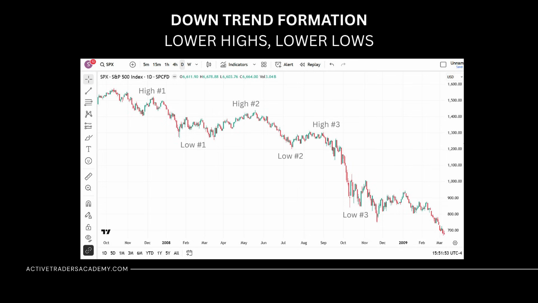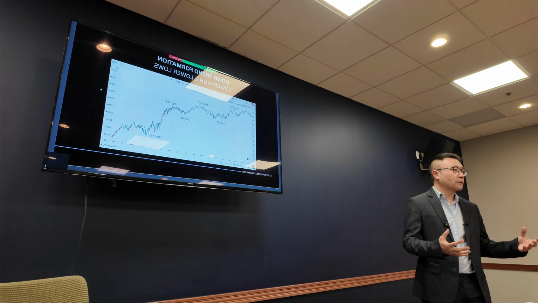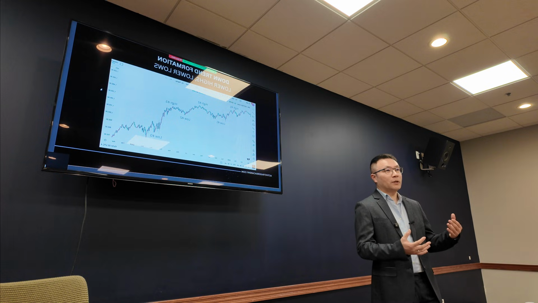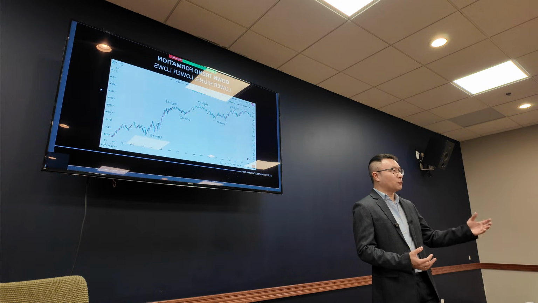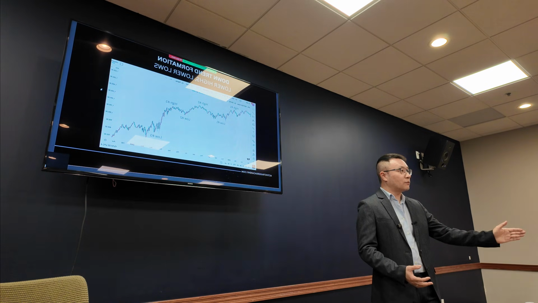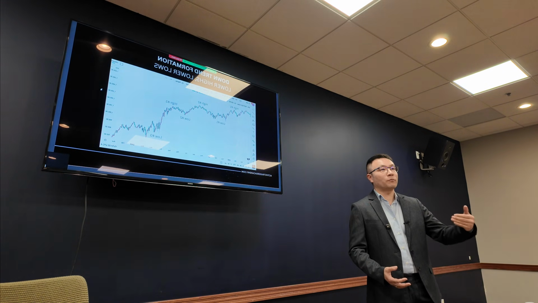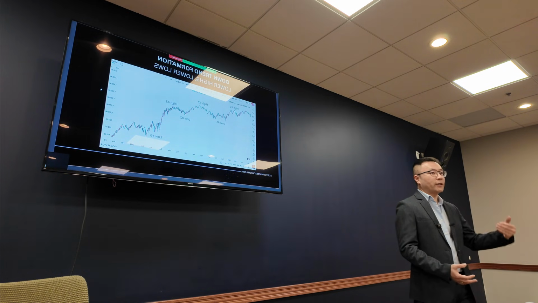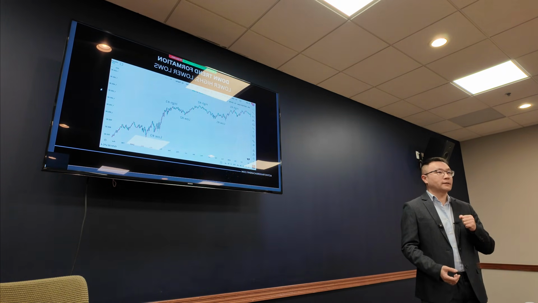High, second, and then low, and then high, and then low. So you get my point. When we are looking to determine any trend, once we identify if the trend is up or down, we're looking to confirm higher highs and higher lows for an uptrend, and lower lows and lower highs for a downtrend.